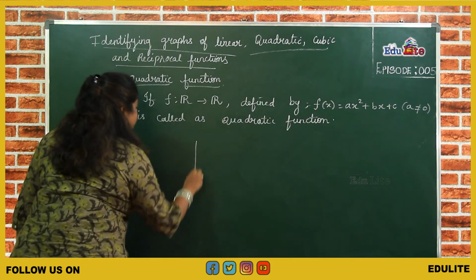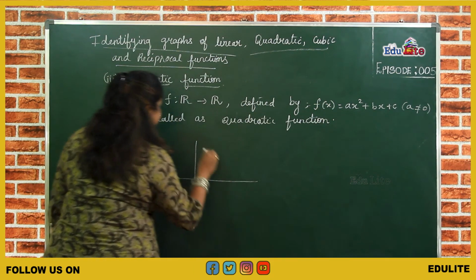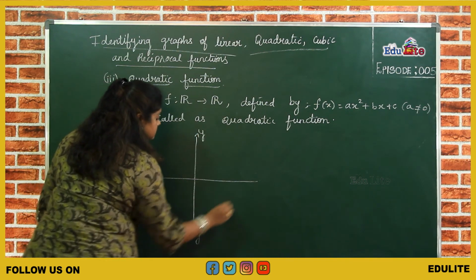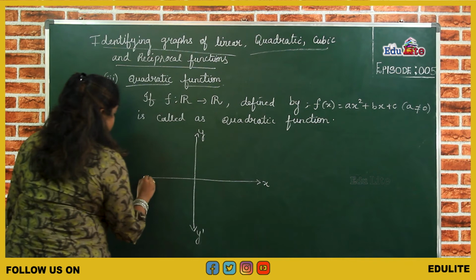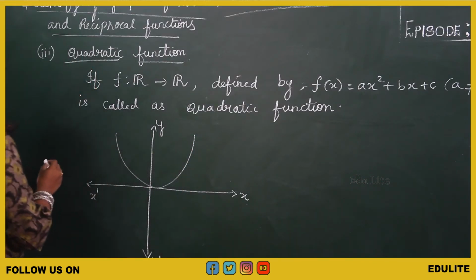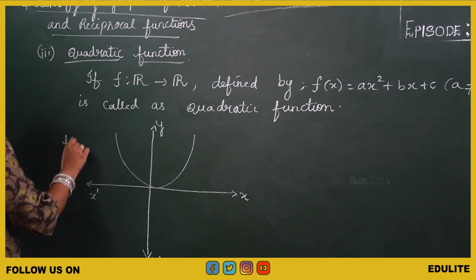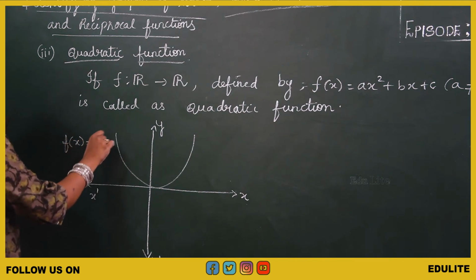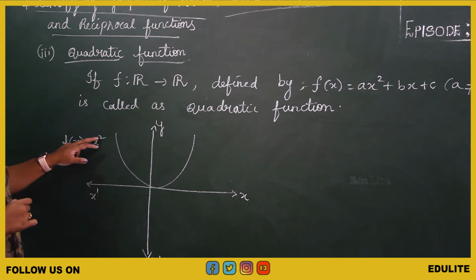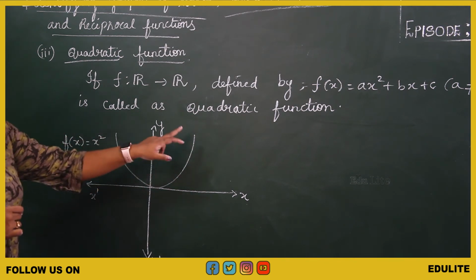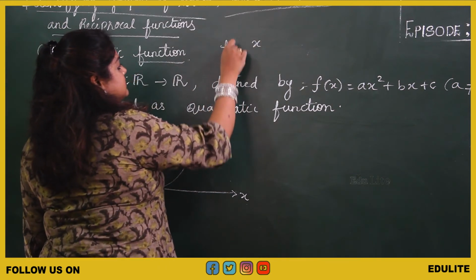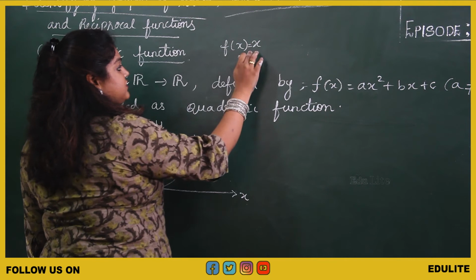And this is the representation of the graph for a quadratic equation when f of x is equal to x square. Once the power of x exceeds 1, it will become a curve. When the power of x is 1, that is f of x is equal to x, it will be a straight line.